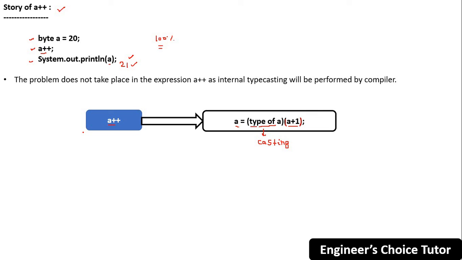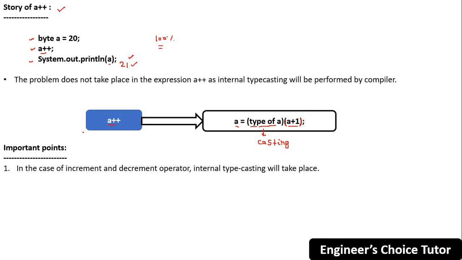Fine. Now let's discuss some conclusive points. The first point is, in the case of increment and decrement operators, internal typecasting will take place. Remember this point. The second point is, i = i + 1 is much faster than i++. So it is recommended to use i = i + 1 instead of i++. There is a reason behind this.